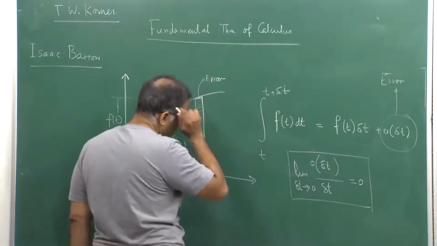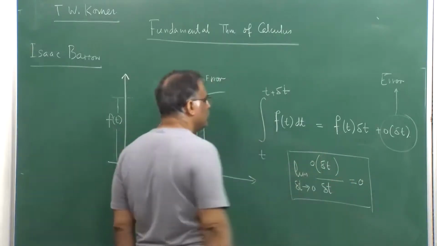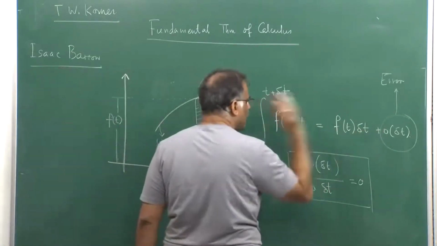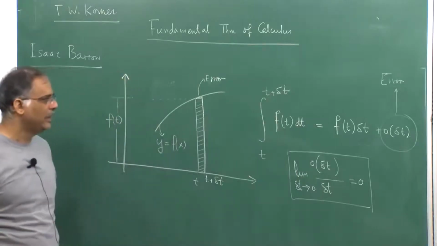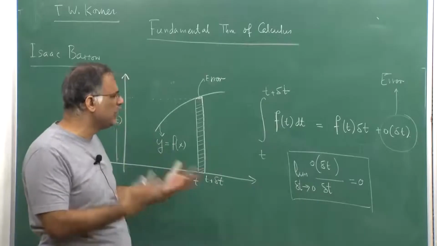Because this goes to 0 faster, the limit should be 0. That is exactly the meaning of this error. The error should vanish very fast as delta t moves to 0, and then only in the limit will you get what you require.